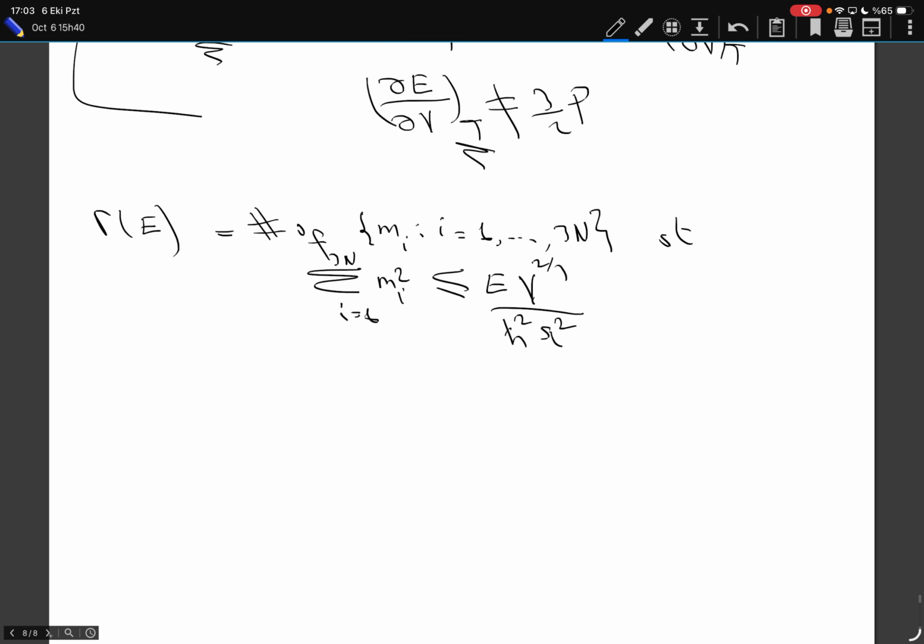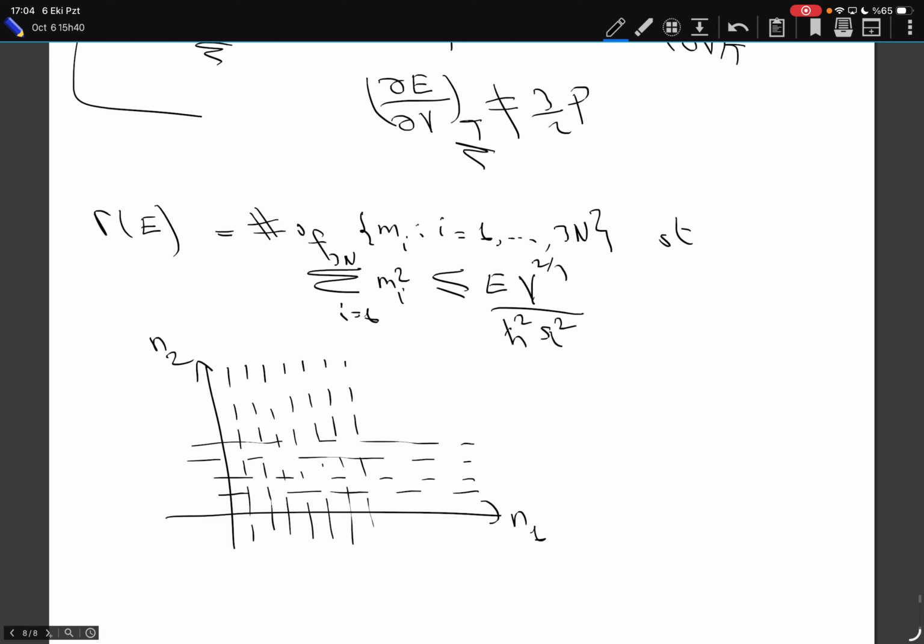Okay, so again, if you just look at these numbers, you can show them in a 3n-dimensional space, each axis corresponding to one of those integers. But I cannot plot the 3n-dimensional space. So I will just stick with a two-dimensional space. Let's say that this is n1, this is n2. Now, along these axes, I have integer coordinates. If I look at the intersections in this grid, all those points correspond to two integers on that grid.